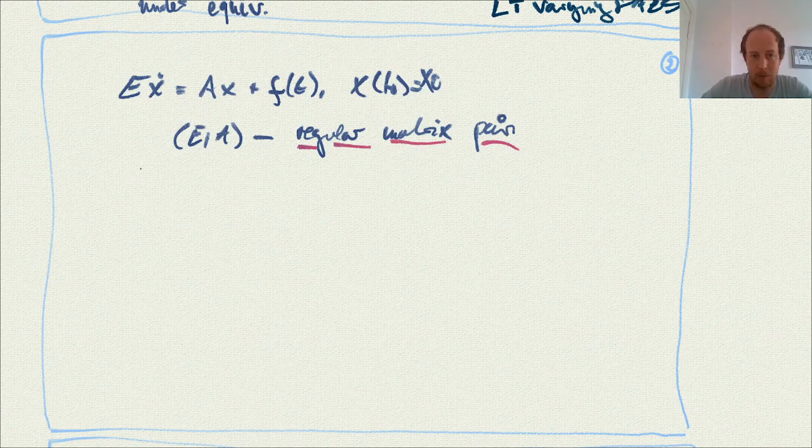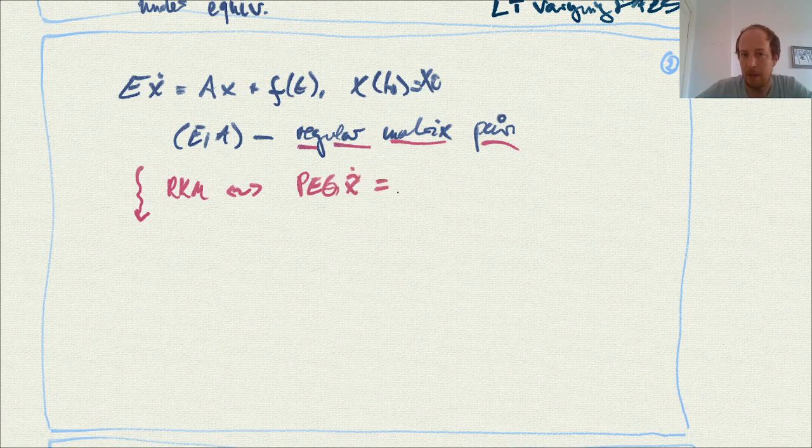And then we did all these derivations, finding that RKM interchanges nicely with considering P E Q x tilde dot as P A Q x tilde plus P f of t.